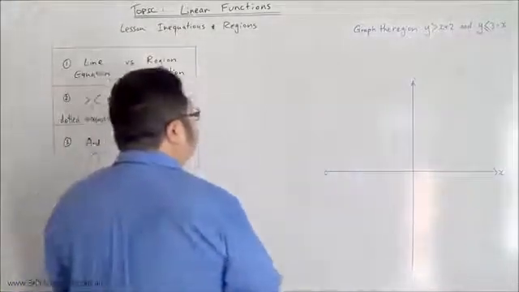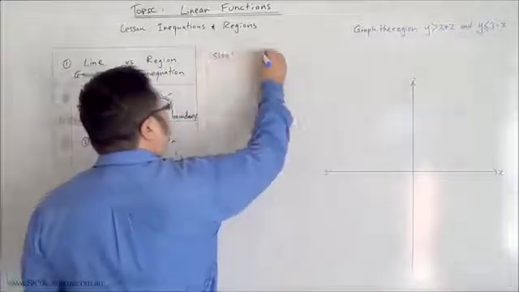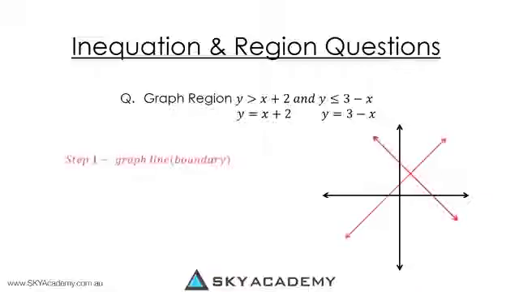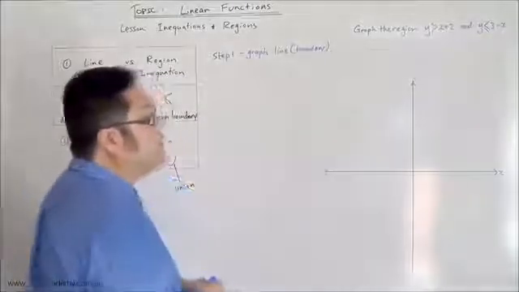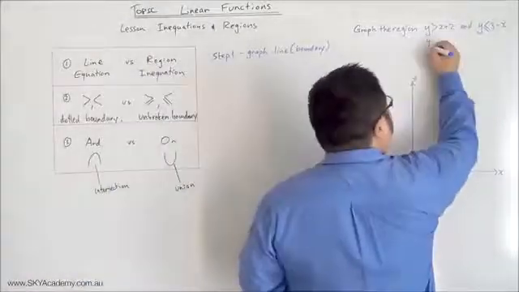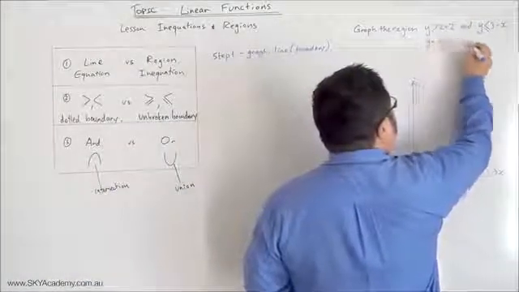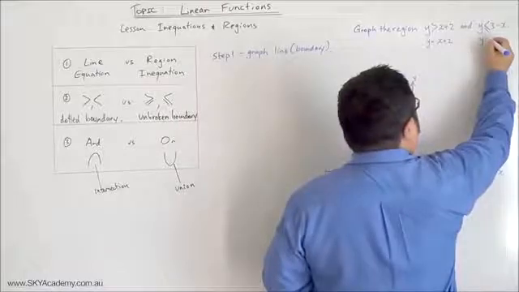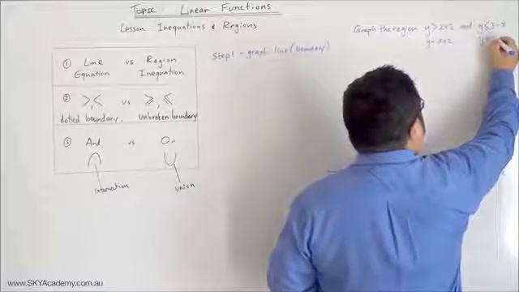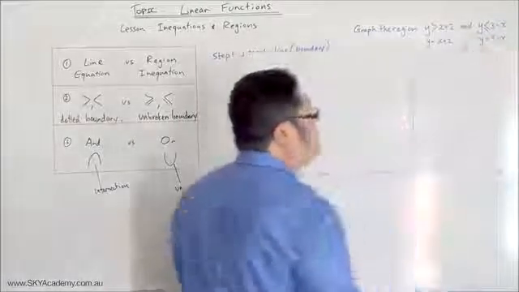So let's start off with step 1, graph the line / boundary. Now for the first example, it's y is equal to x plus 2, and for the second example it's y is equal to 3 minus x.